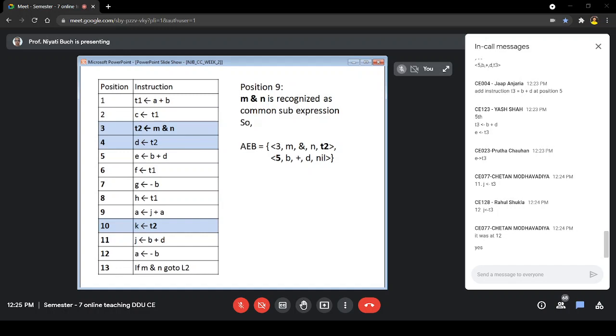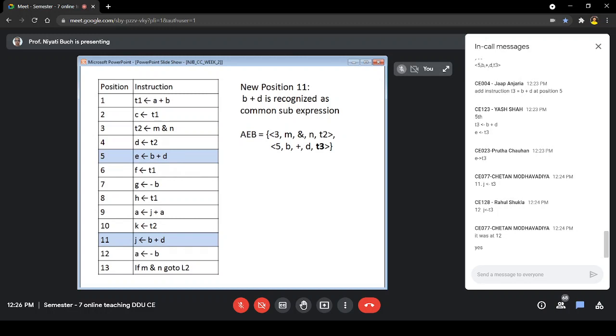So we all know that now these are the changes. Let us see them reflected in the shared screen. We are now at new position number 11. B plus D is identified as a common sub-expression because we can see it in our set. As we have discussed, a new temporary is to be added. And that temporary will be added at position number 5.